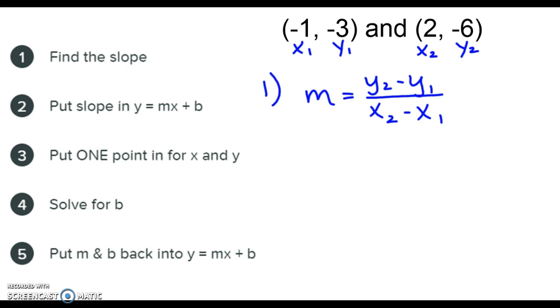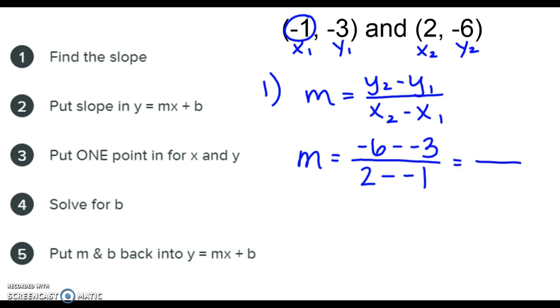I'm going to plug -6 in for my y2 minus my y1, which was -3, over my x2, which was 2, minus my x1, which was -1.